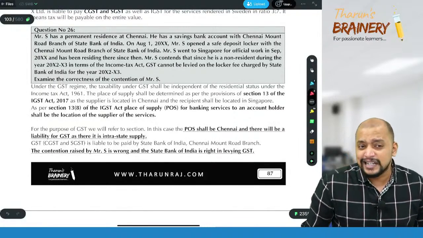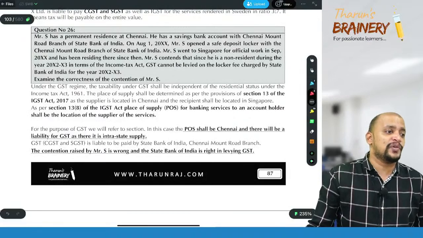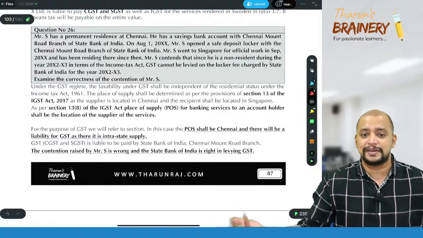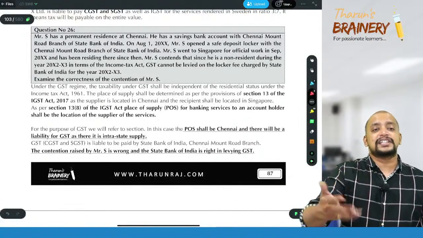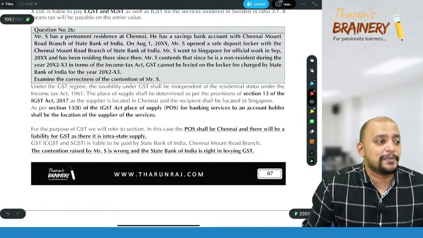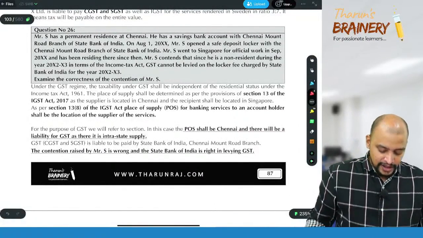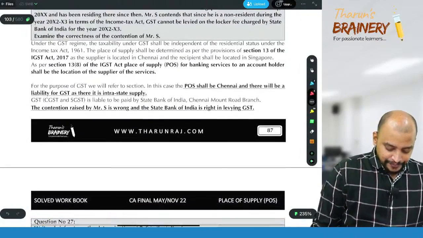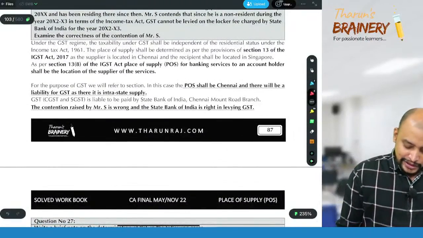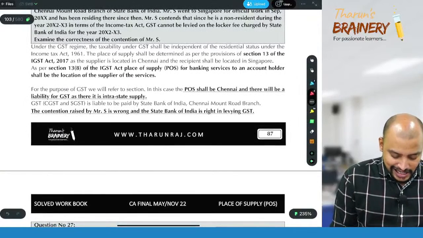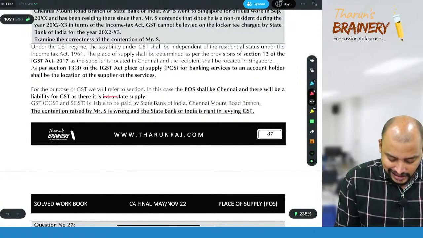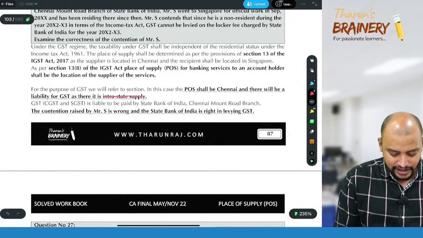Is it interest income, interest on loans, advances, deposits? No. So there are no exemptions here. Charges for safety locker will come under other charges that will be taxable. We don't have exemption. So there will be a liability for GST as it is an interstate supply. It is not intrastate supply, interstate supply.